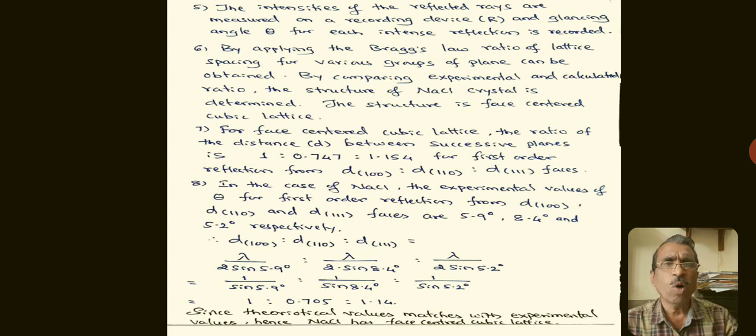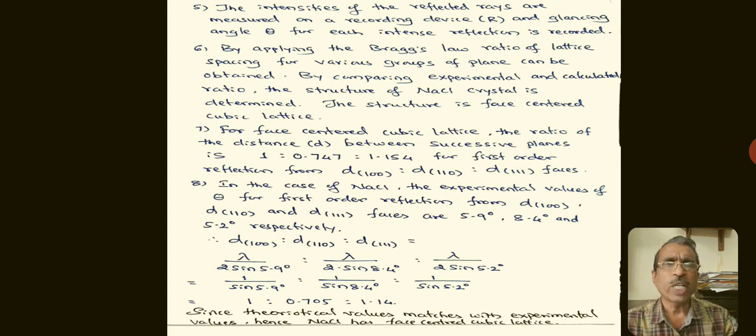In the case of sodium chloride, the experimental values of theta for first order reflection from the d100, d110 and d111 planes are 5.9 degrees, 8.4 degrees and 5.2 degrees respectively.